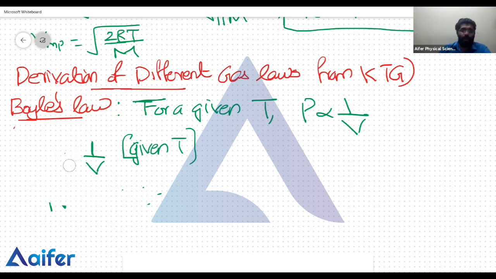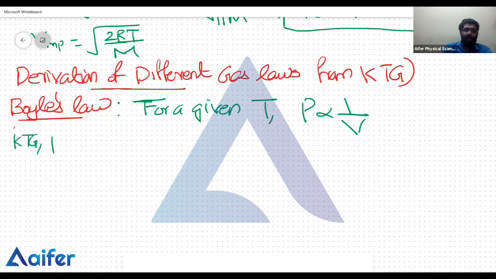And now I would like to derive it using the kinetic theory. So here we go. By the kinetic theory of gases, PV equal to 1 by 3 Mn Vrms square. But we know that Vrms square is proportional to temperature.